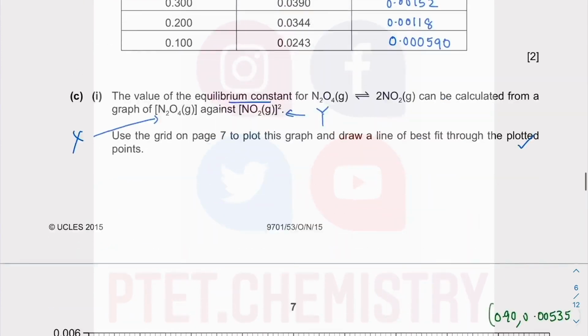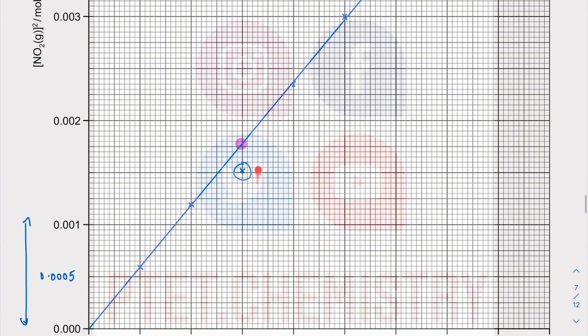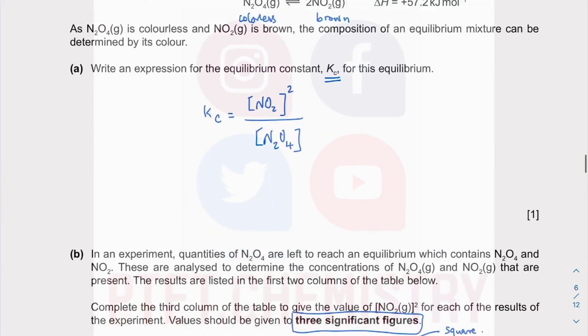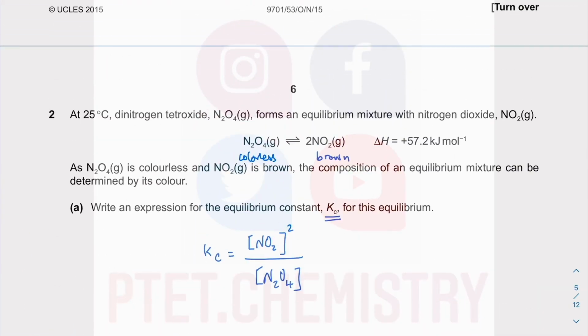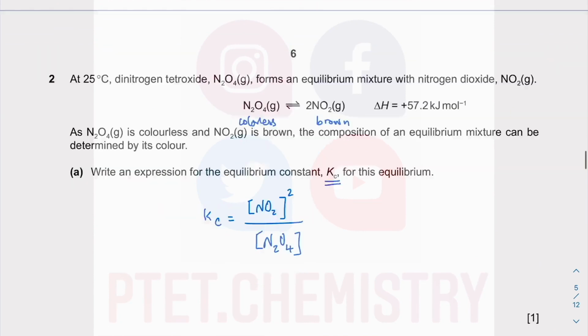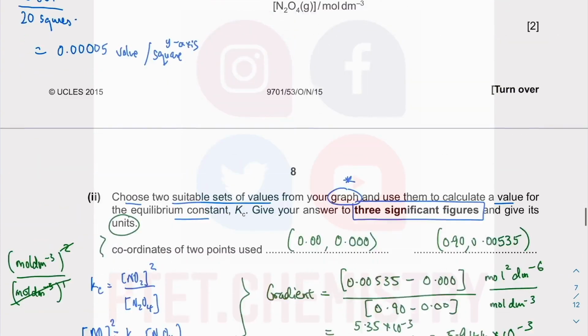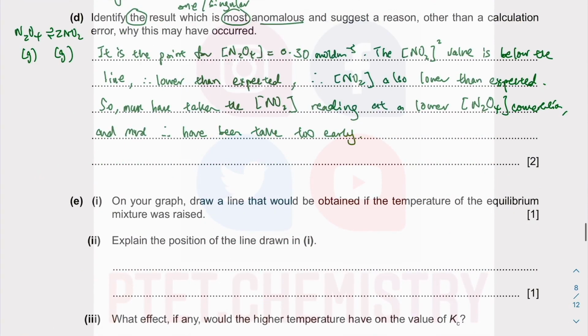So, when you take this reading, you have lesser NO2. Why is it you have lesser NO2? You have lesser NO2 because the equilibrium favors that way. So we could say, no, I don't want to go that path. It's probably a bit too complicated. Let's just leave it a bit easy and straightforward there.